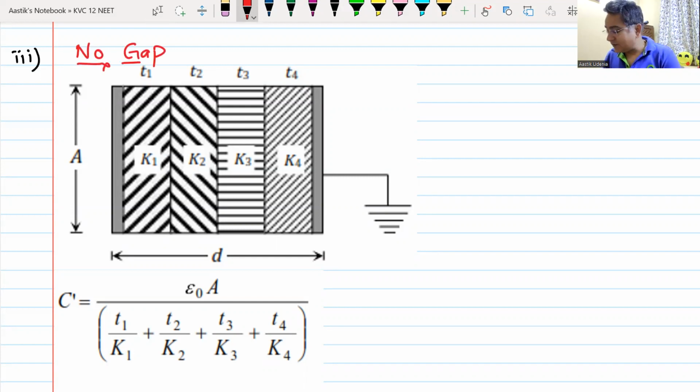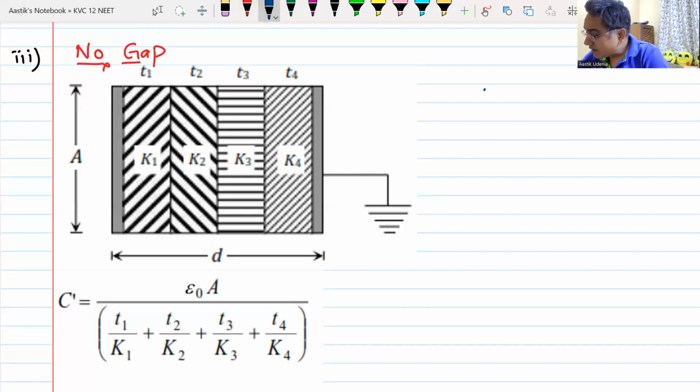So in that case, the formula starts to look like this: d minus summation of t, because if you add up all this t, t1, t2, t3, t4, it will give you d. So the formula becomes much shorter and much easier to remember. The formula becomes epsilon naught A divided by t1 by k1 plus t2 by k2 and so on.